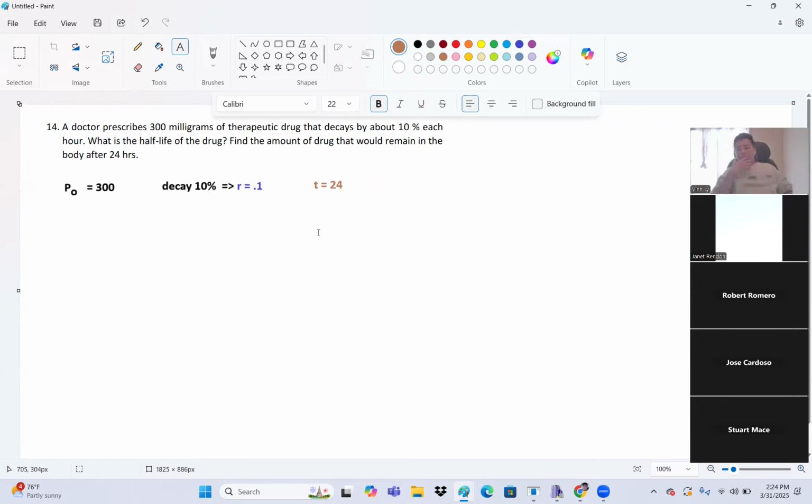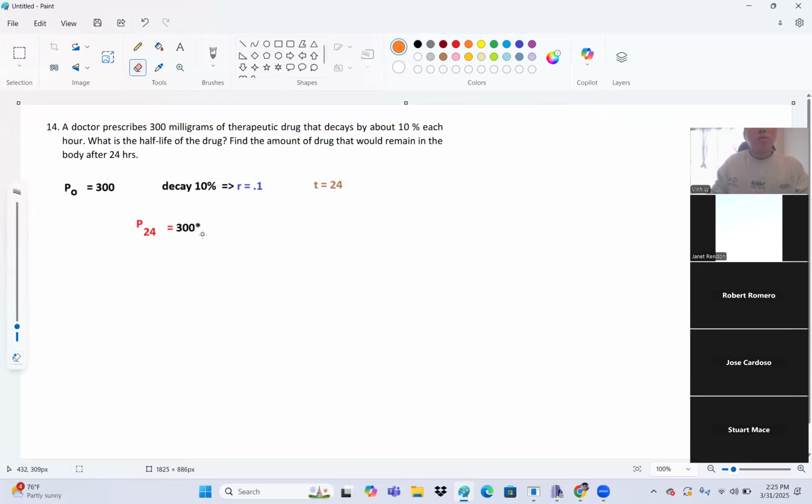All right. So you're gonna figure out the P of 24 based on the initial population. So we're gonna take 300 times e to the power, like, 0.9 raised to the power 24.